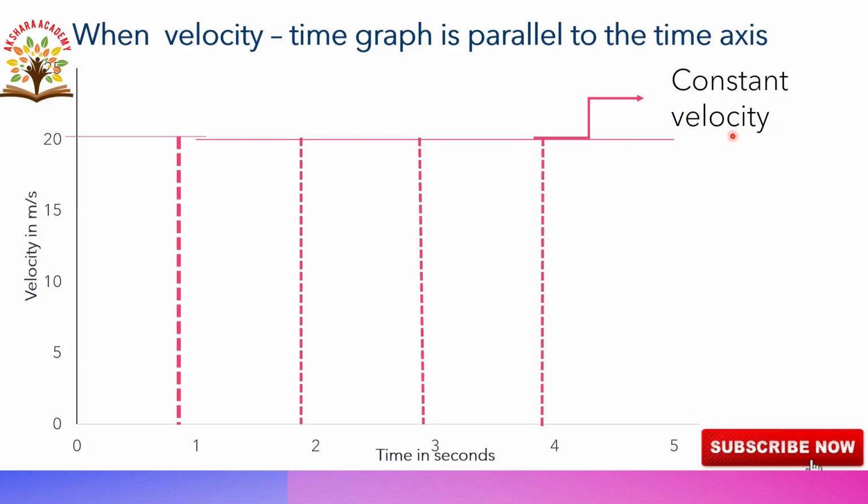The distance covered by a body in a specified direction, that is displacement, we calculate by using the area under the graph.